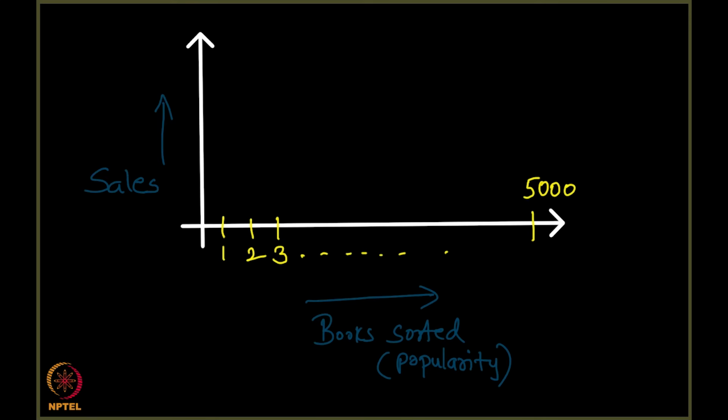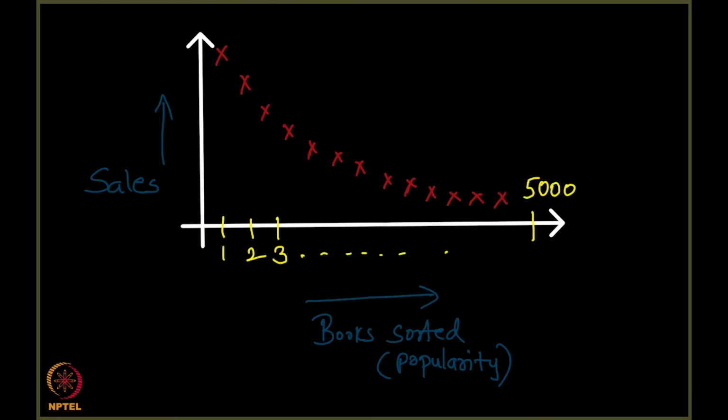Obviously, the first ranked book will have very high sales. Second ranked book will have slightly less sales. Third rank, that's what you mean by ranking, you see. Correct? Evidently, there will be this power law like distribution.